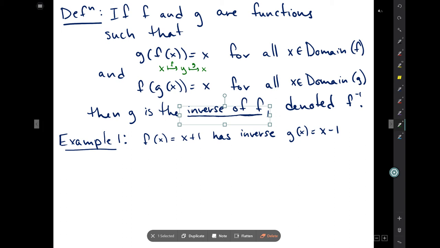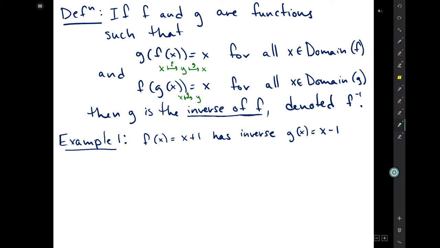And likewise, x gets sent to some y value by g, and then gets sent back to the original x value by f. And so each of these functions undoes the other function. When I stick one inside the other, when I do one followed by the other, I get back where I started. So let's look at example 1.